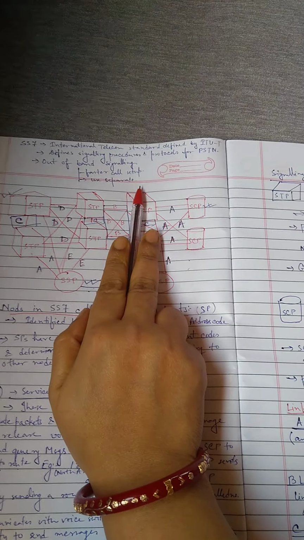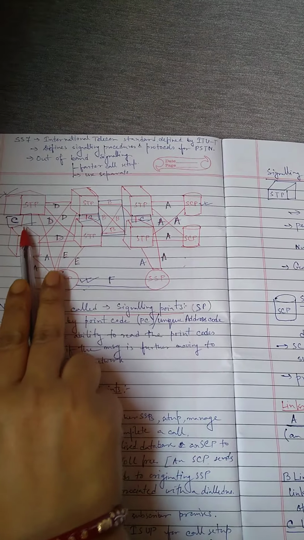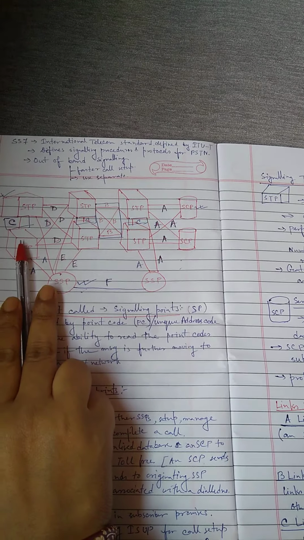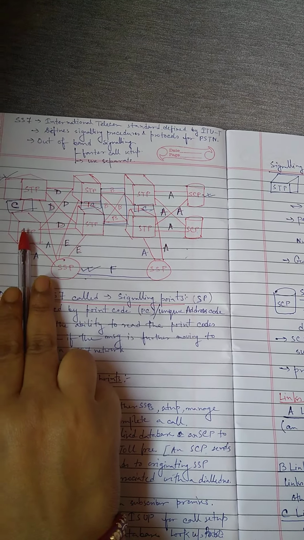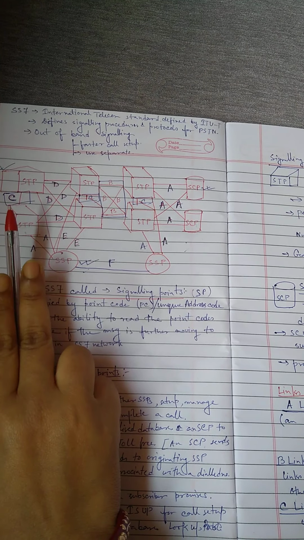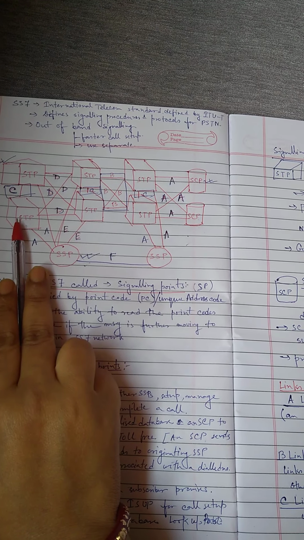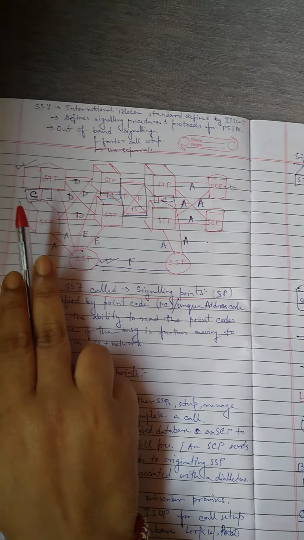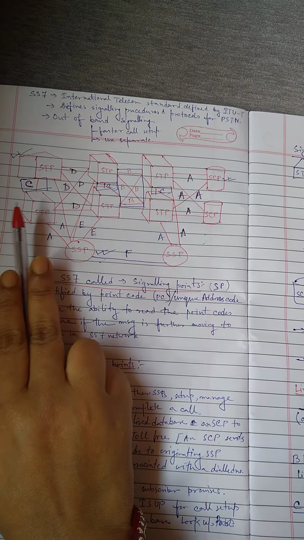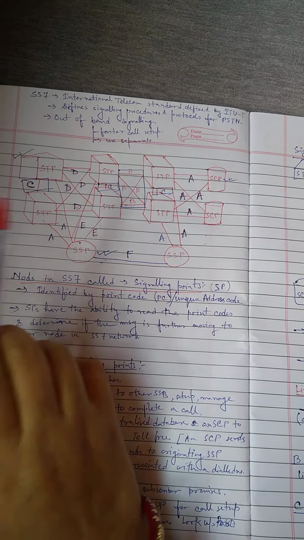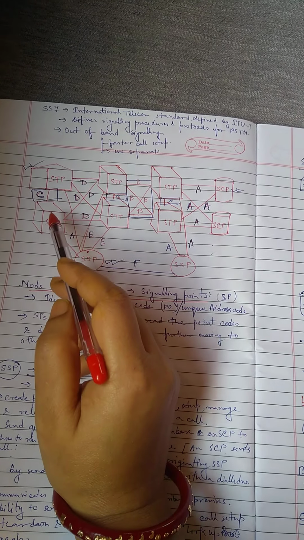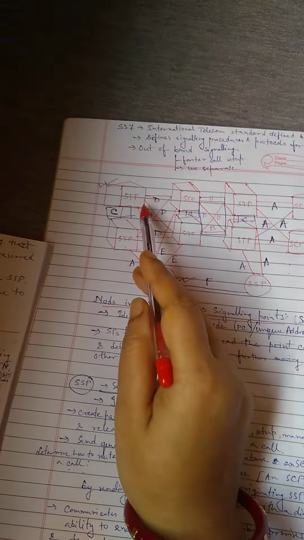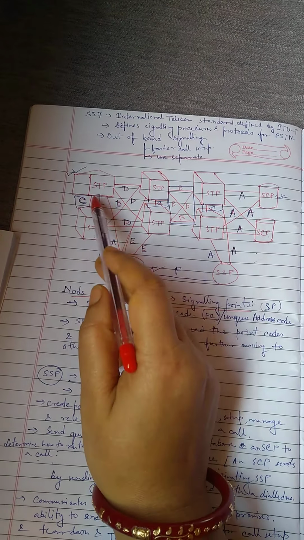Next is my C link or the cross link, used only when an STP has no other route available to a destination signaling point due to link failure. It connects STPs performing identical functions into a mated pair. If these two have identical functions to perform, they are known as a mated pair.